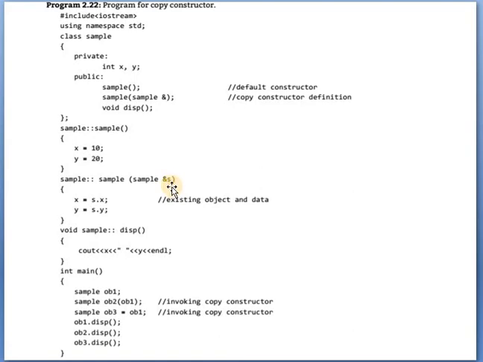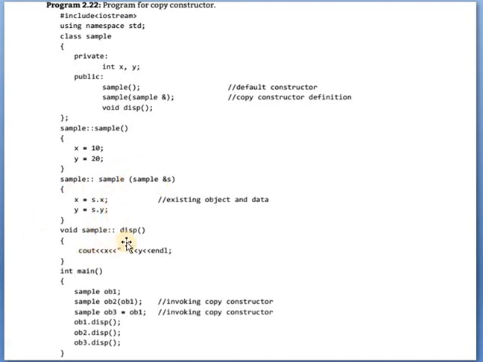Now s is a new object and the value of the previous object is stored into this new object. So x equal to s dot x, y equal to s dot y. So this is the existing object data, that is s dot x. This is the existing object and this is stored into the new object s dot y.